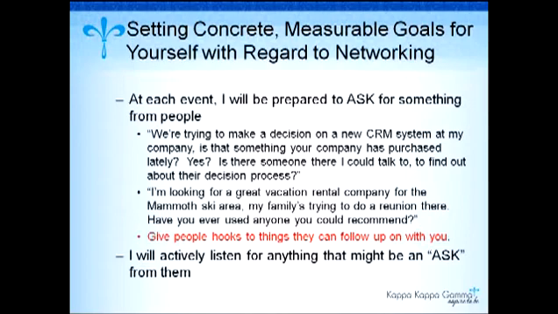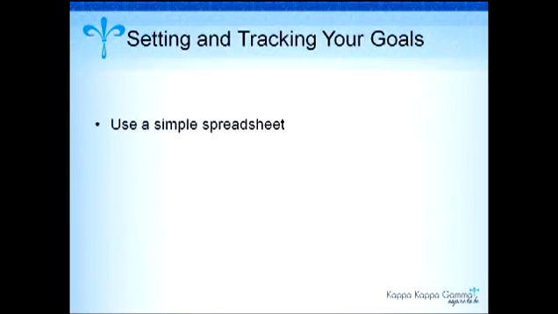So that's why we want to be prepared to ask for something. And the last point here is I will always actively listen for anything that might be an ask from them. And what that means is anything that they might need help with. They may not be savvy enough to actually explicitly ask for it, so we need to always be listening and ready to offer help if we have a contact that might be of interest.